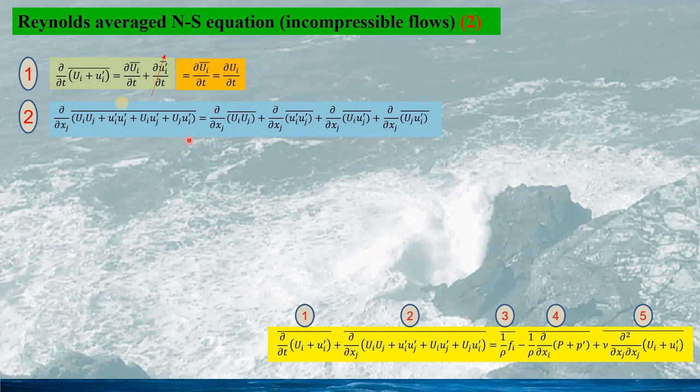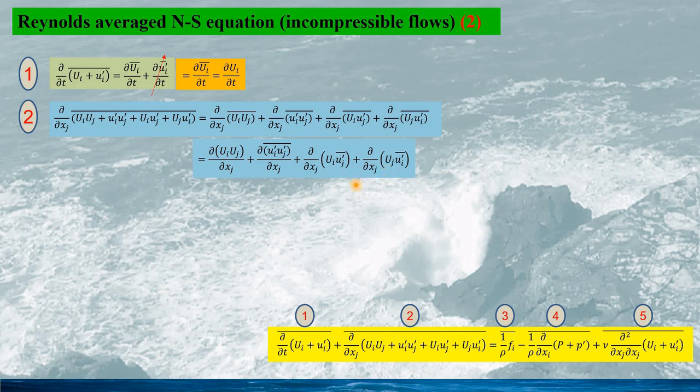For the second term, we can separate it into this expression. Now, the mean velocities, capital Ui and capital Uj, are constant for the averaging operation. Thus, we can take the mean velocities capital Ui, capital Uj out of the average operation here and here as well.